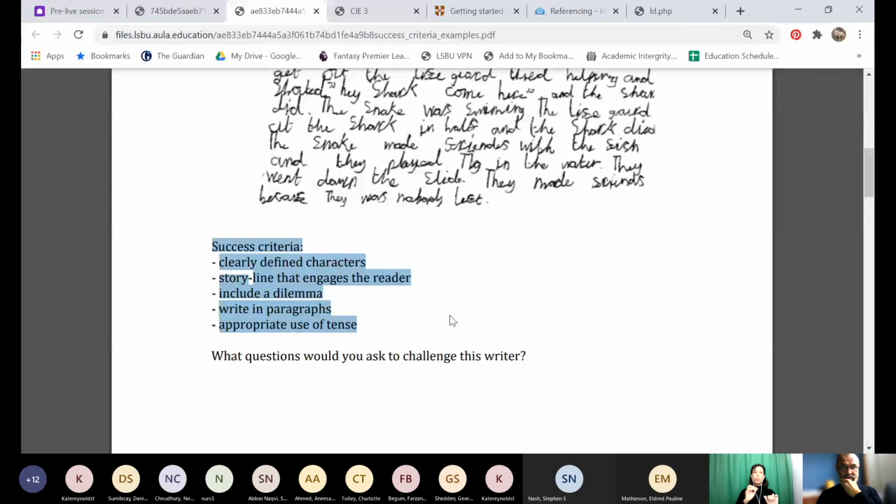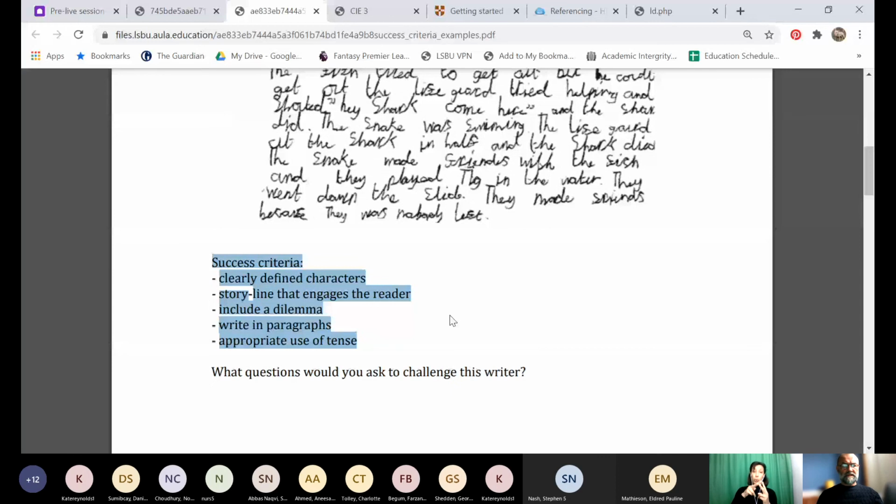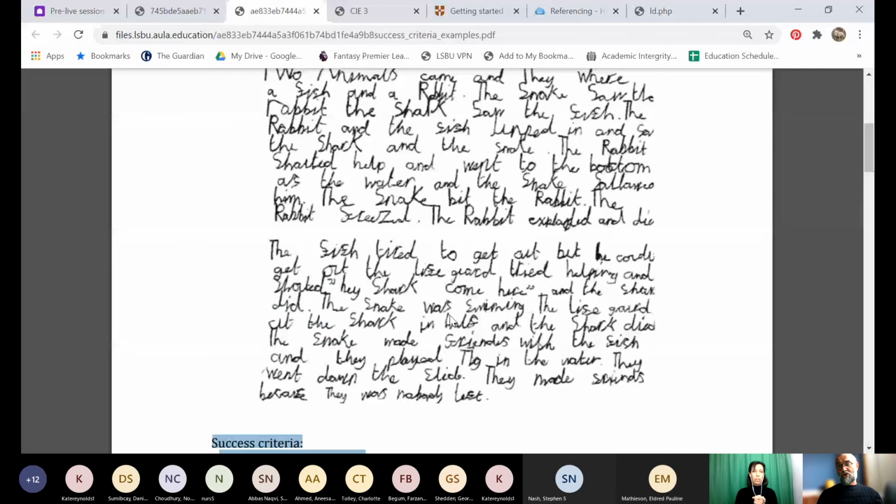So let's have a quick look at this example. I'm just going to look at two of these and talk through two of these. So let's think about, first of all, paragraphs. Okay. This pupil has written in paragraphs.